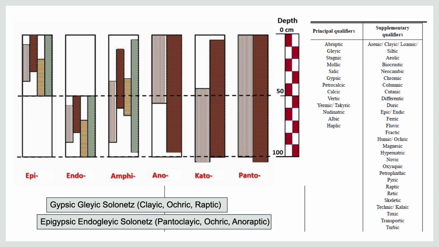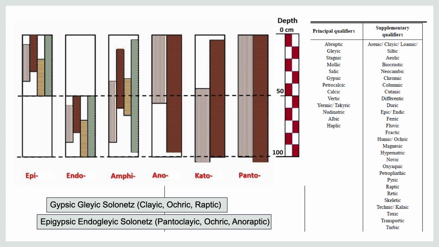In this case, the gypsic horizon receives the epi term. So we have an epigypsic because the gypsic horizon starts at 0 and ends before 50.